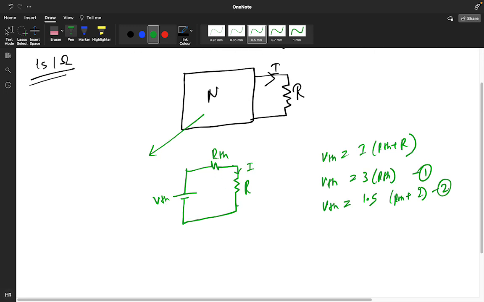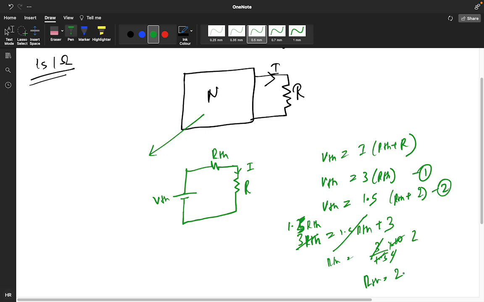So 3 RTH is equal to 1.5 RTH plus 3. It will be 1.5 RTH equals 3. RTH value will be 3 divided by 1.5. So you got RTH as 2 ohm.